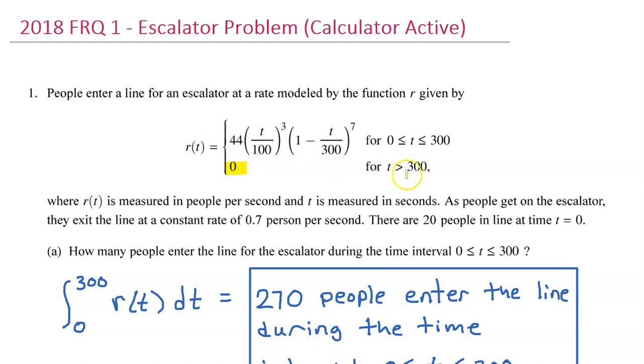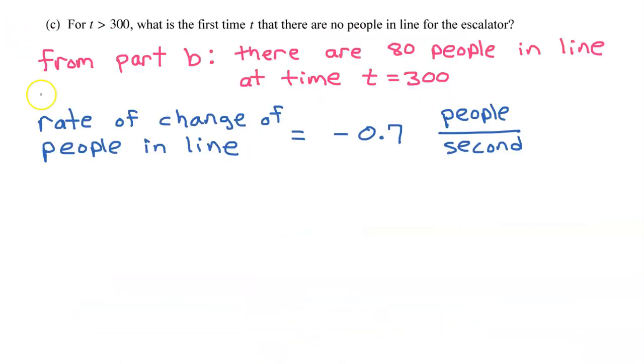In other words, for times greater than 300 seconds, no one is entering the line. That means the only change will be that people exit the line at the constant rate of 0.7 people per second. So for this time interval, the rate of change of people in line is simply equal to negative 0.7 people per second.